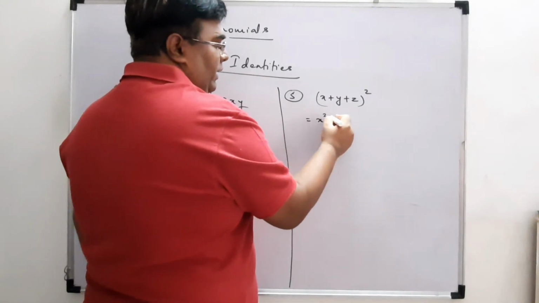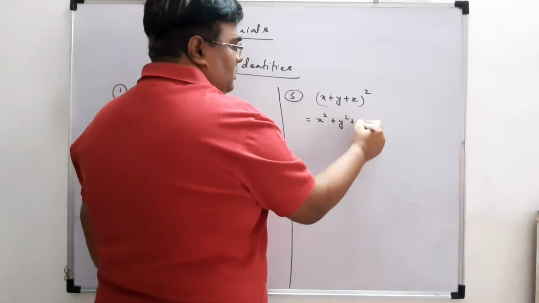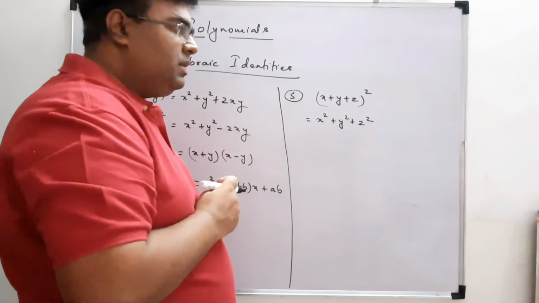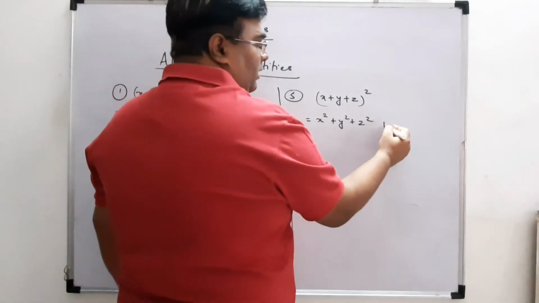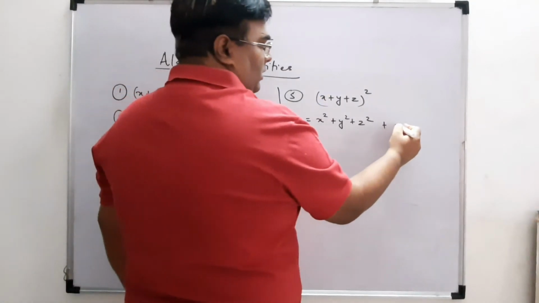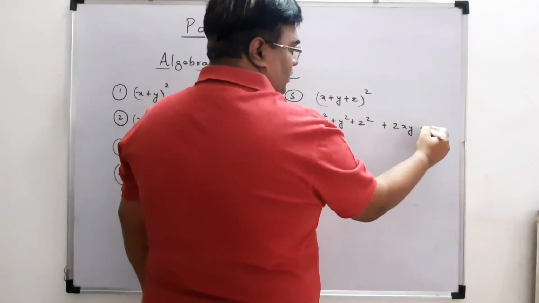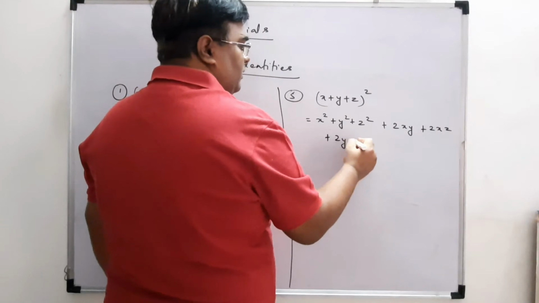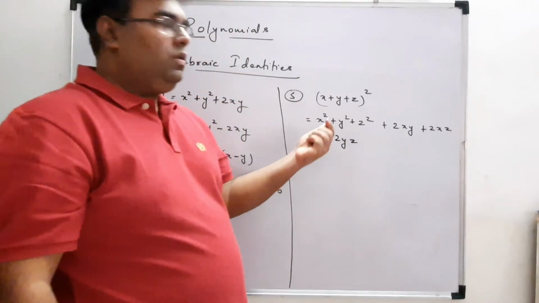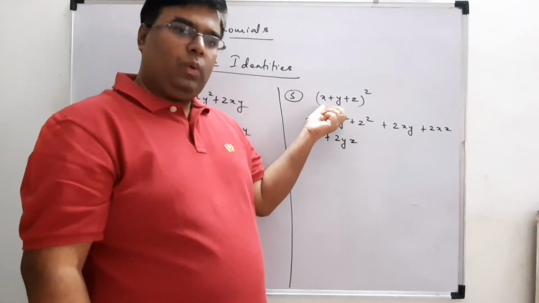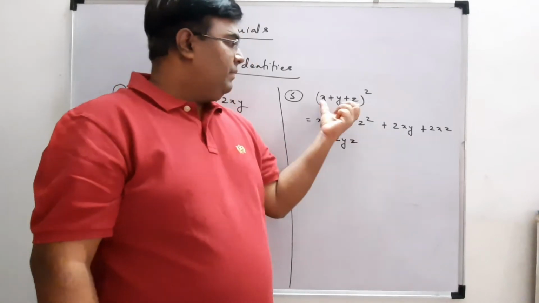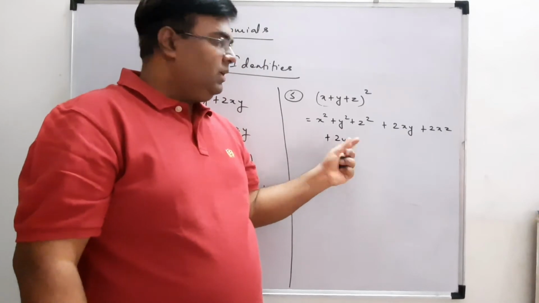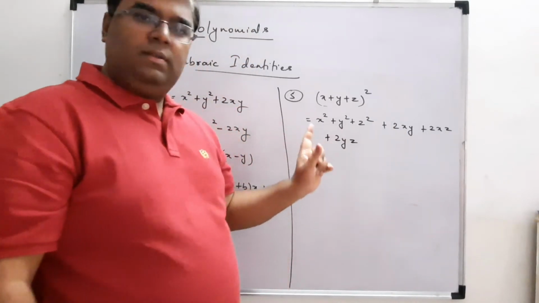It will be x² + y² + z², taking the square of all the variables and then taking 2 variables at a time: 2xy + 2xz + 2yz, right? So first I took xy at one place, then xz at one place, yz at one place, and 2 is there. Very simple.